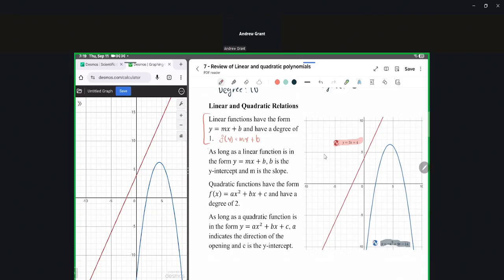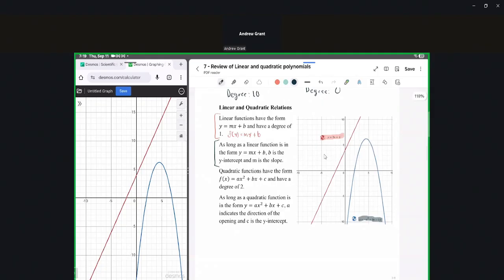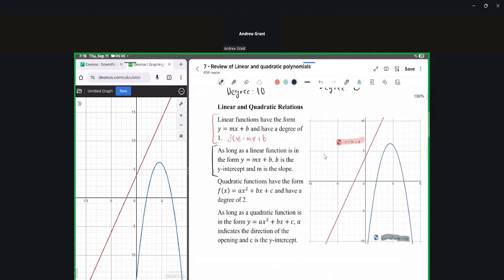So as long as a linear function is in the form y equals mx plus b, b is what we call the y-intercept, and m is the slope. So if you notice here, there's a plus 4. That means this is where it crosses the y-axis. So this is my x-axis, this is my y-axis. It'll cross here at 4 in the case of y equals 2x plus 4.